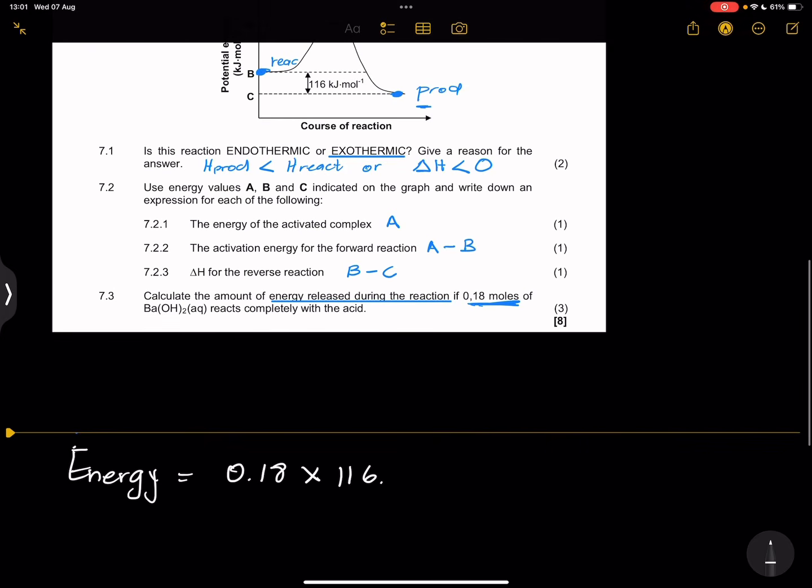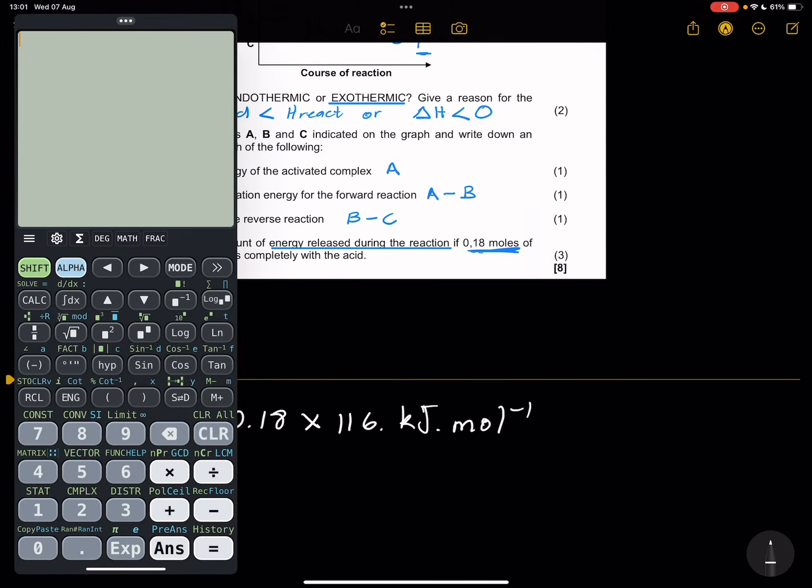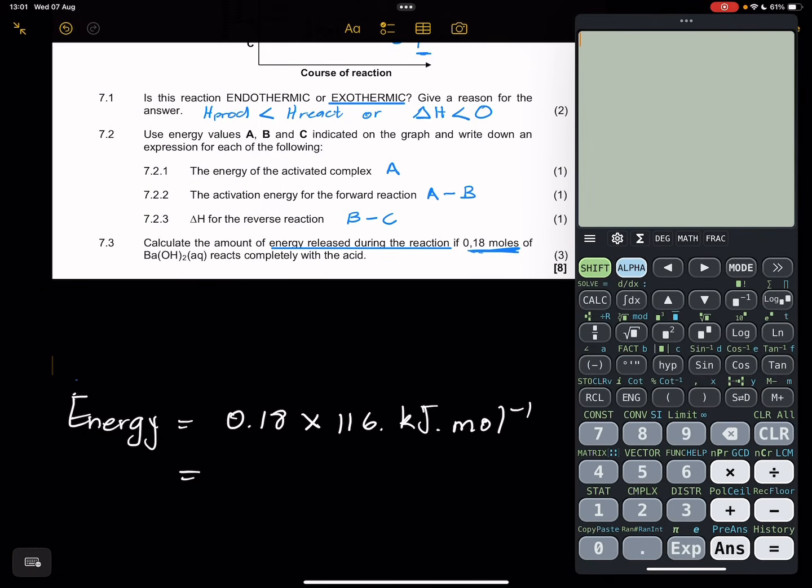Note that per mole means that if I multiply by mole, I'll only get kilojoules. So what would be the amount of energy there? All I'm simply going to do is multiply the two together, 0.18 multiplied by 116, and that gives me 20.88 kilojoules.